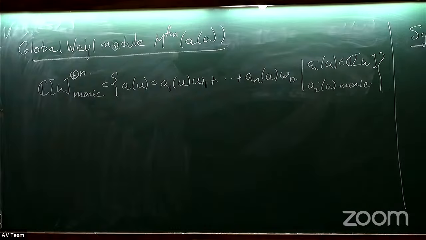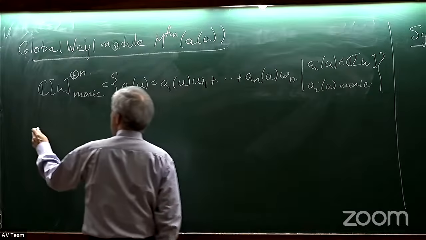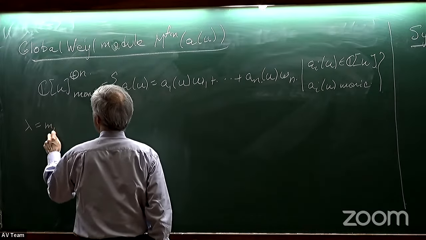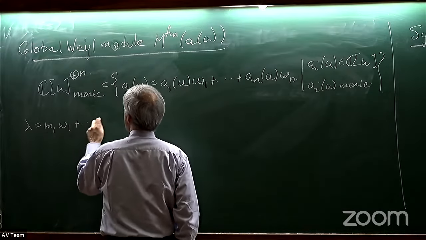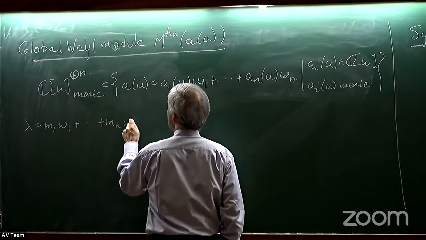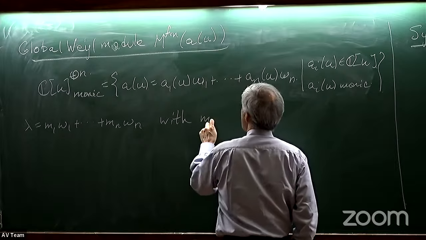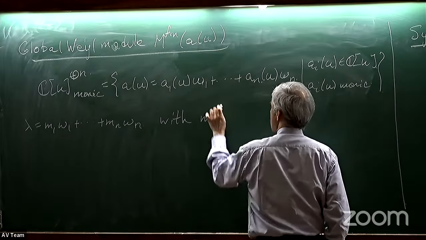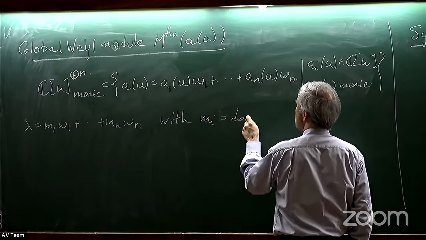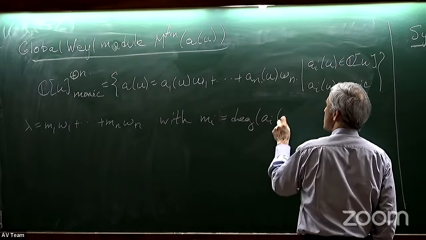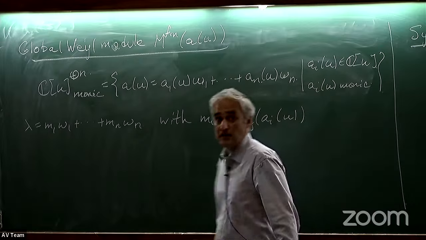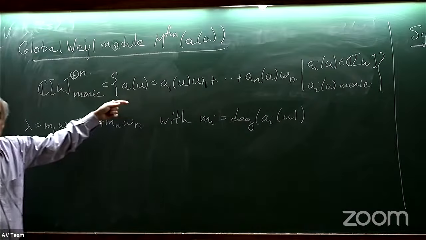And then this lambda equal to m1 omega 1 up to mn omega n, with mi being the degree of the ith polynomial. So for each lambda, I have many, many Drinfeld polynomials.